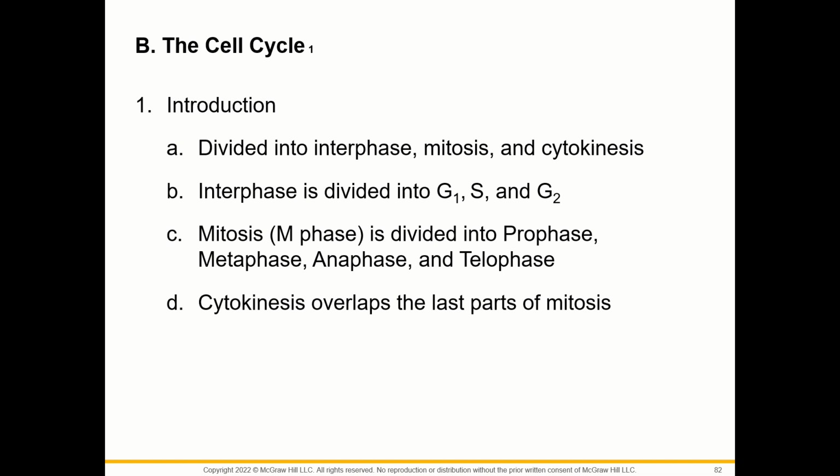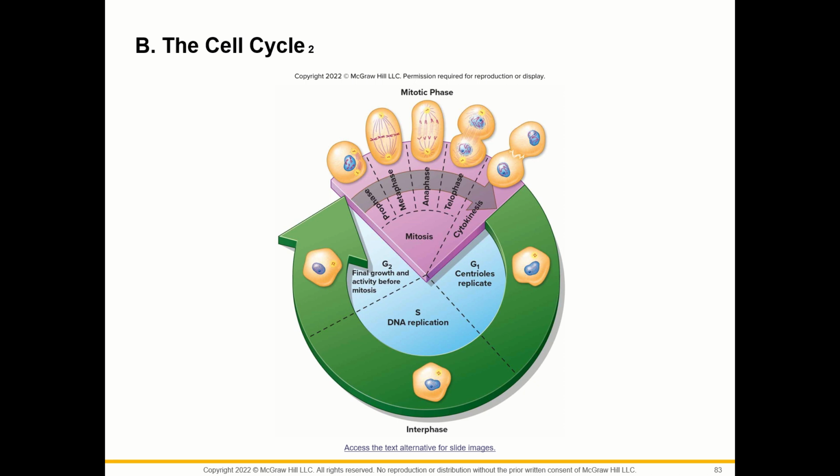And then if cytokinesis occurs and the cells divide into two daughters, that is going to overlap the last parts of mitosis, and we have made two new daughter cells. If cytokinesis doesn't occur, then we just end up getting a large multinucleated cell called a syncytium, and that can happen too. Stay tuned.